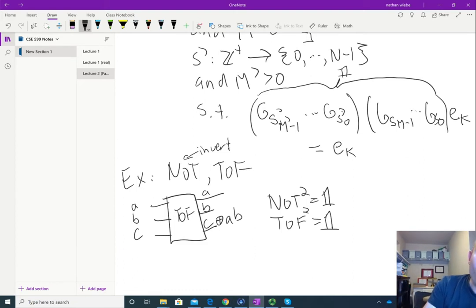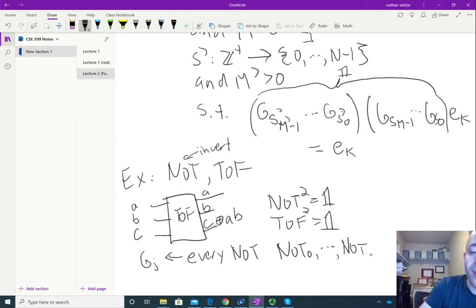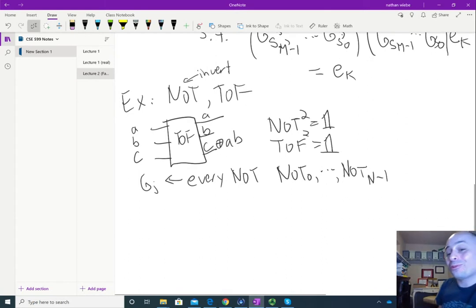And also, what it ends up meaning is that if we have a gate set, G_j, that consists of every NOT gate, i.e. NOT acting on the 0th qubit, all the way down to NOT acting on the last bit. Sorry, I said qubit there. I'm putting the cart before the horse a little bit. I apologize.